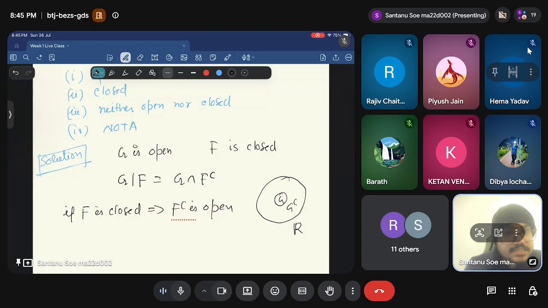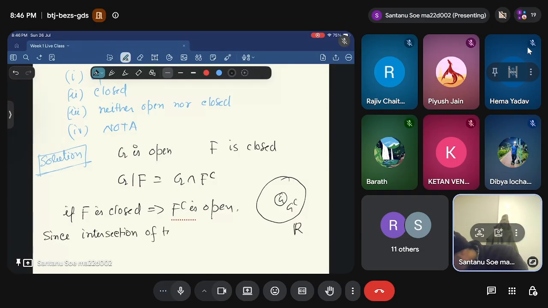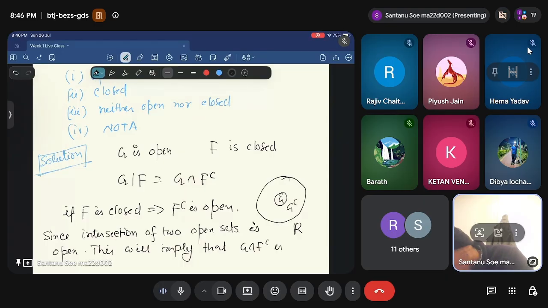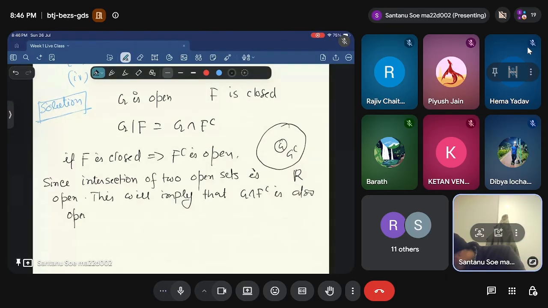So G intersection F complement must be open. Since the intersection of two open sets is open, this will imply that G intersection F complement is also open.